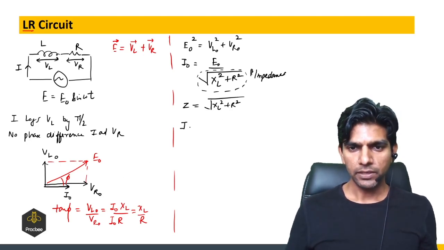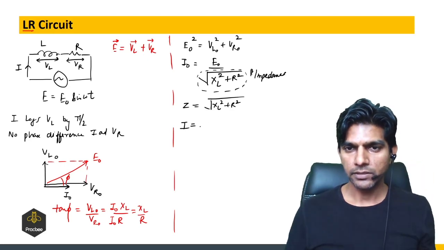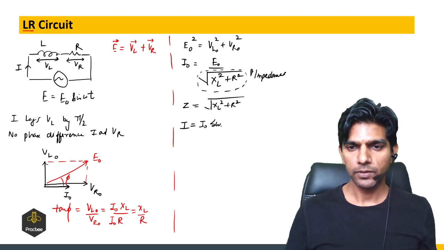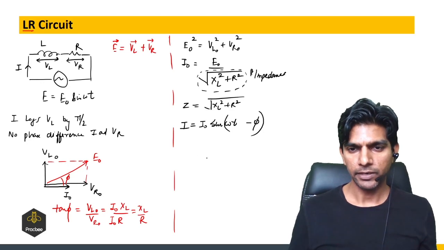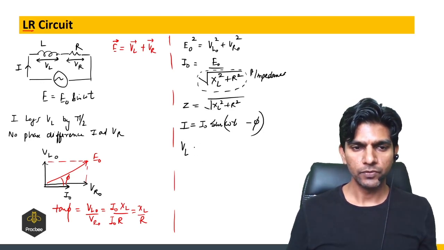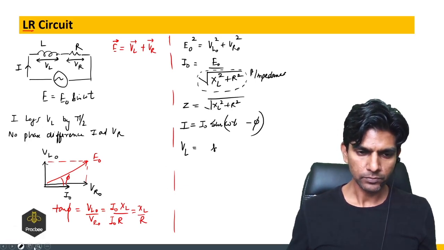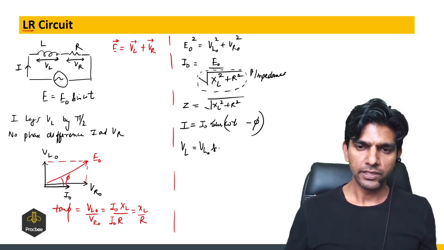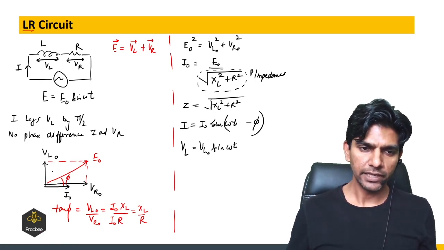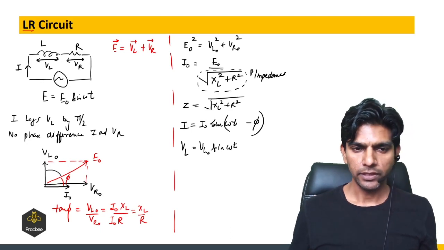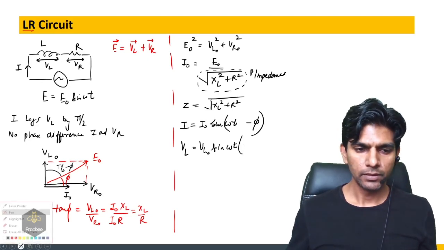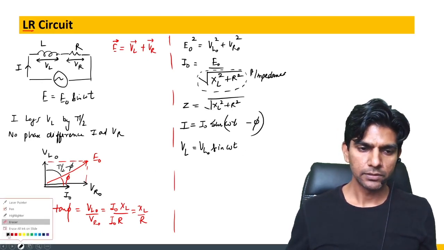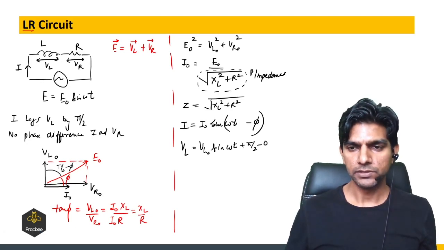If I want to write the instantaneous current, it will be I naught sine omega t minus phi, because current lags E by phi, right? And the instantaneous voltage across the inductor will be VL naught sine, and the angle between E naught and VL naught is pi by 2 minus phi, so this can be written as omega t plus pi by 2 minus phi.